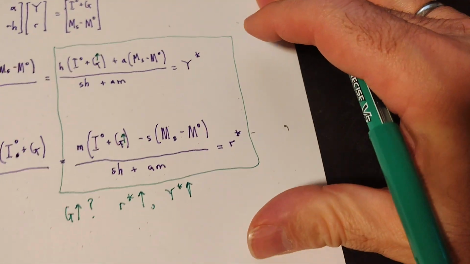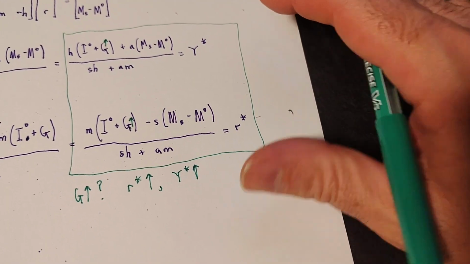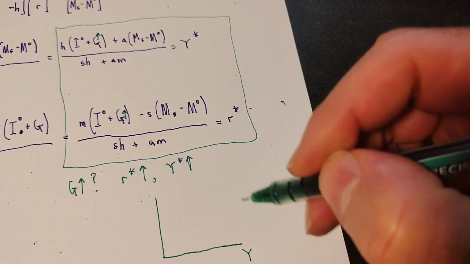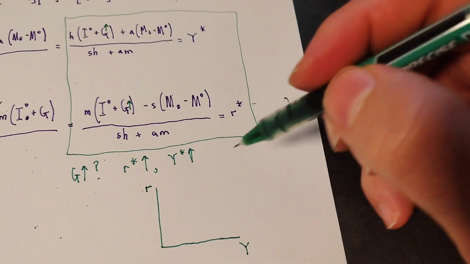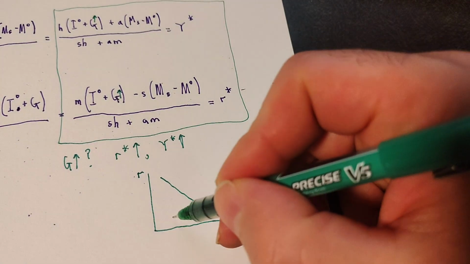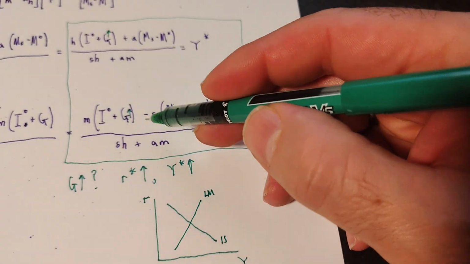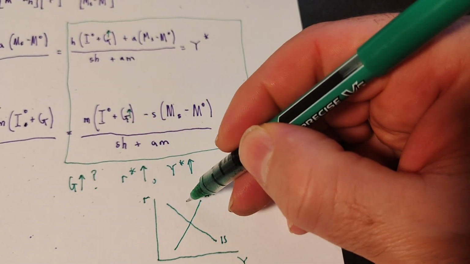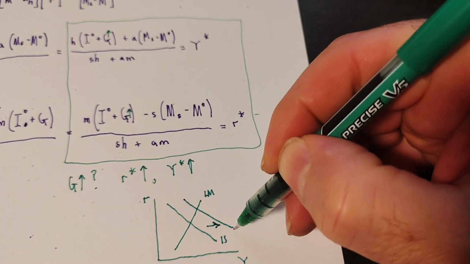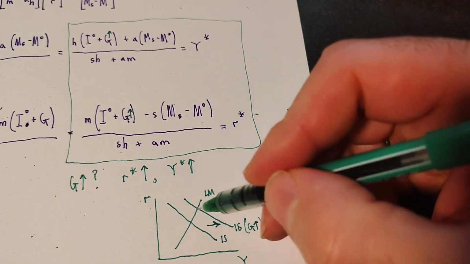So this will be the classical result where, if we've got a graph with Y on the x-axis and R on the y-axis, we have our IS curve and our LM curve, and G increased is the same thing as a shift to the right of the IS curve.